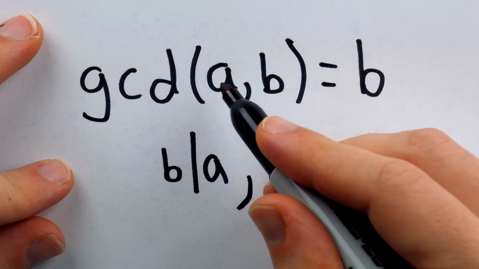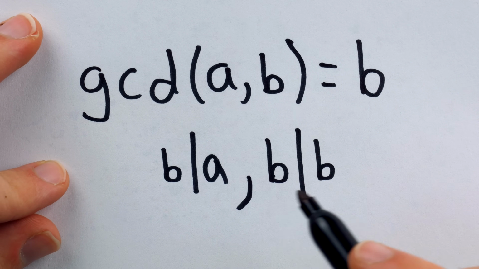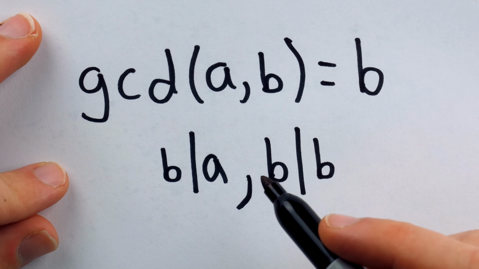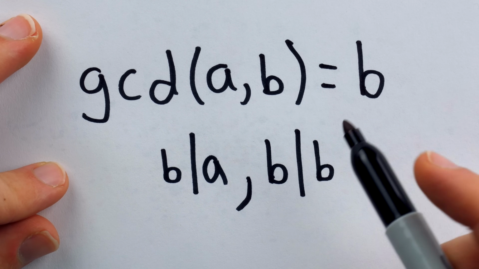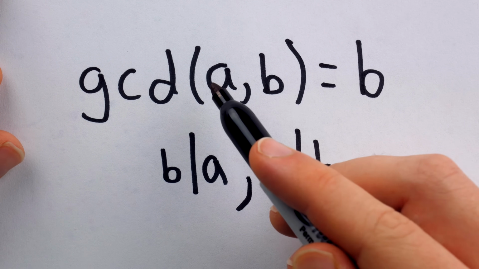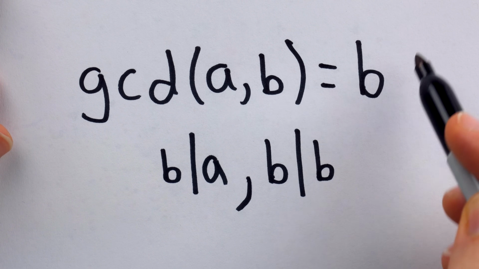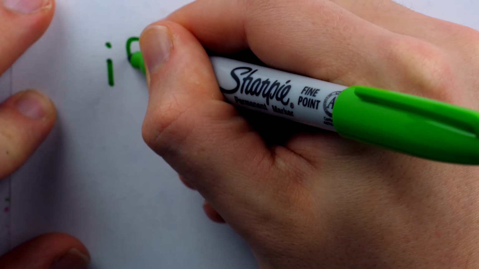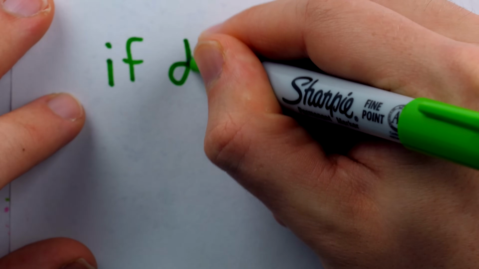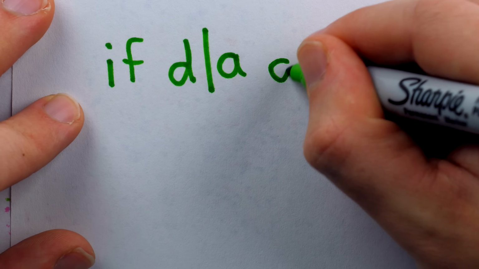And there's no bigger number that could possibly divide both a and b, because any bigger number would be bigger than b, and thus could not possibly divide b. So in this special case where one of the numbers divides the other, that number which divides the other is the greatest common divisor.